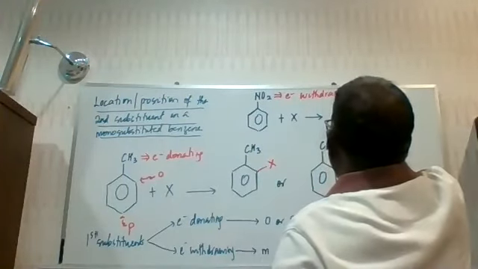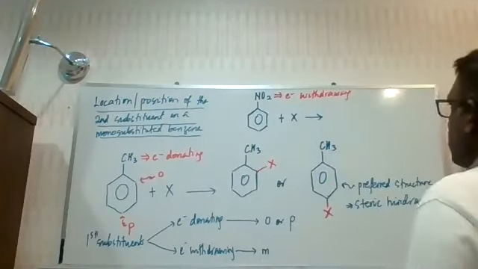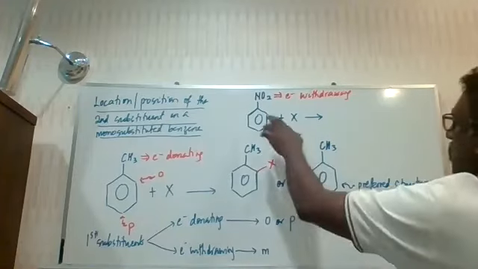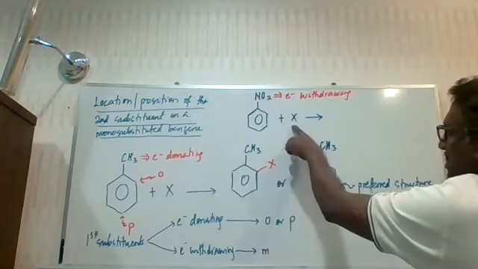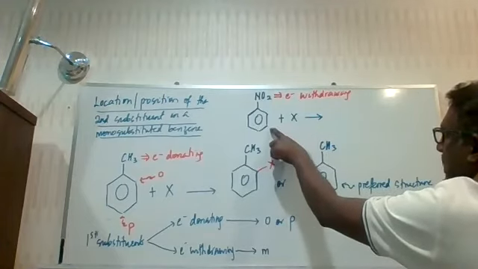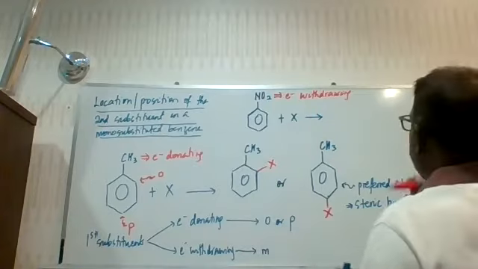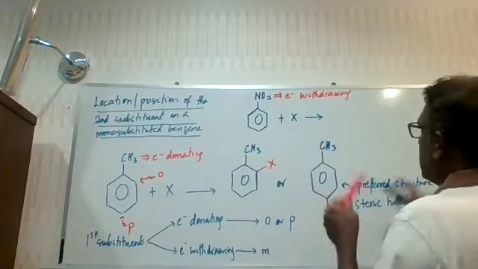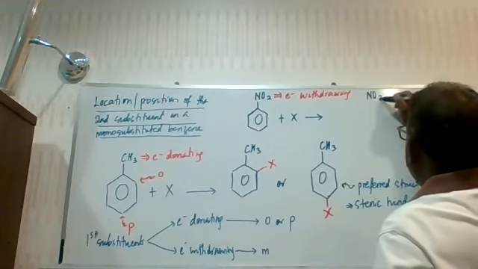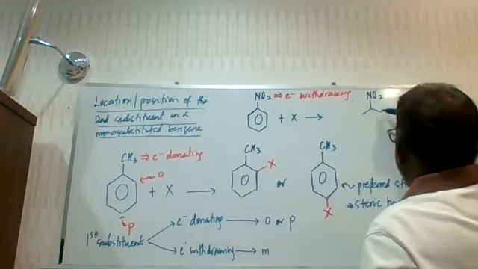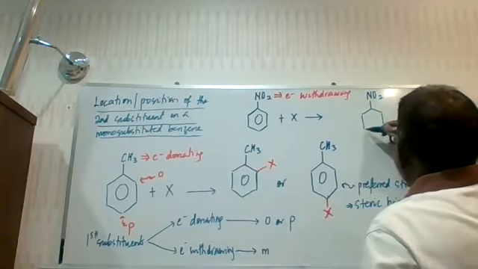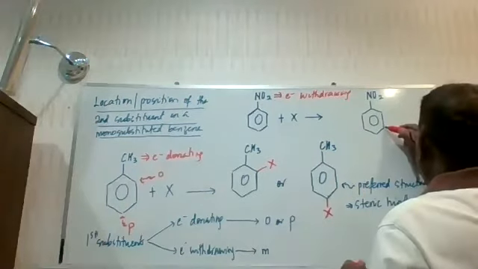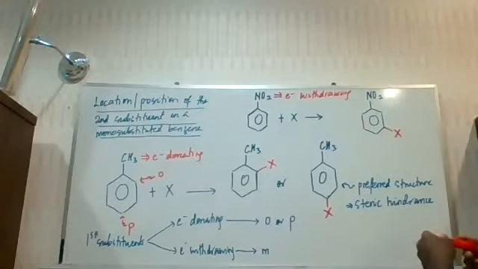An electron withdrawing group will direct your second substituent to occupy the meta position. Therefore the product that is expected is NO2 with X at the meta position. Remember, these are very important points in the exam. You must be aware of this for monosubstituted and disubstituted compounds. So this time your X will occupy that. That's the answer, and there's only one product, not two. Whereas for electron donating, it gives you two different products.